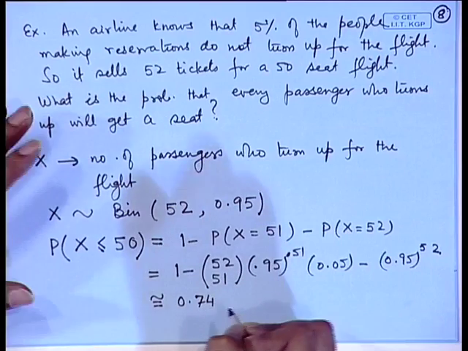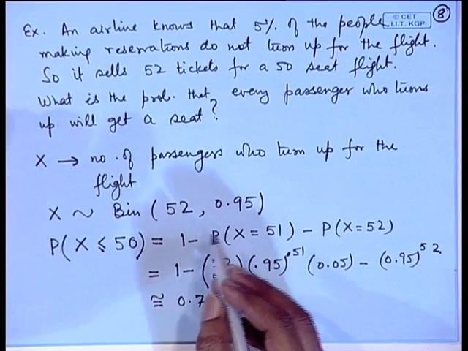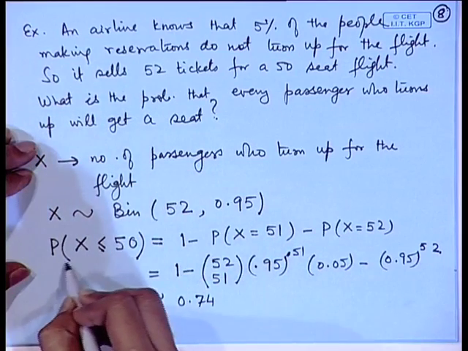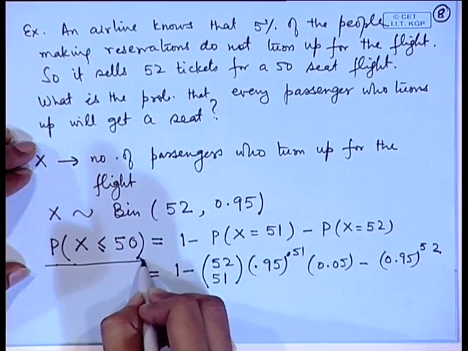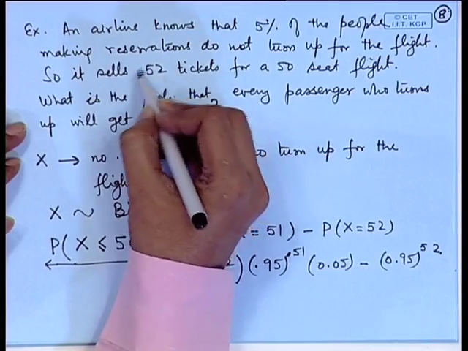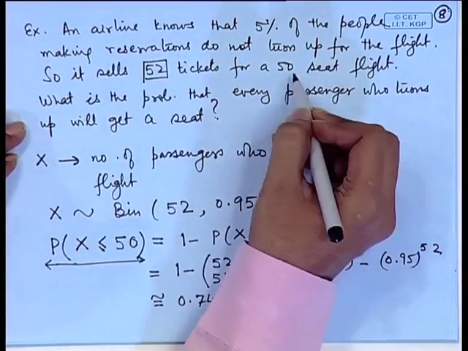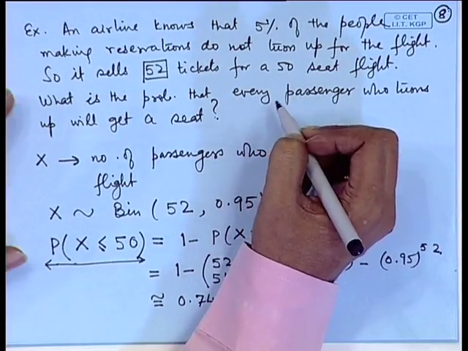You can say roughly 3/4 of the passengers or 75%. So, what does it mean? That means 25% of the times there will be a case where a passenger turns up for the flight and he will not get a seat. So, which is not a very good advertisement for the flight. That means they must not sell more tickets basically. Maybe they sell only 51 tickets, that may be all right.